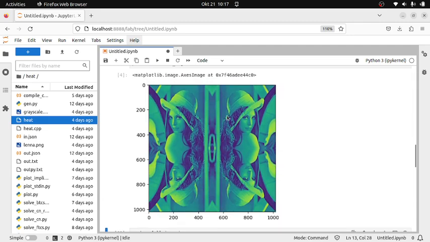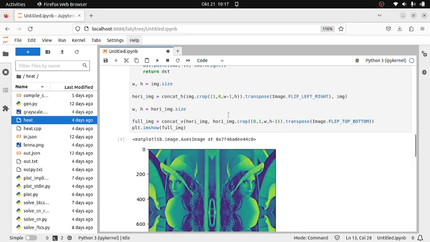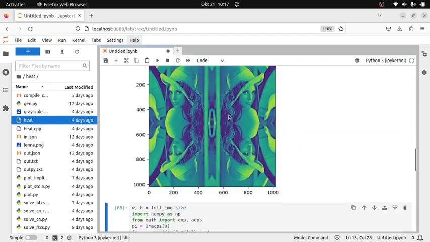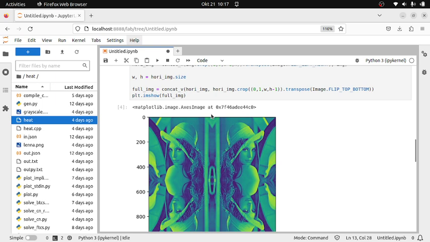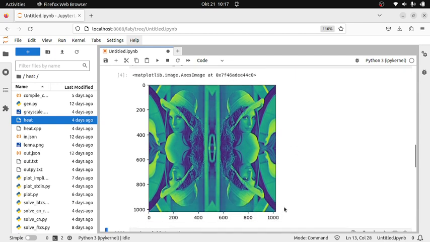Okay, so what happens is that when we concatenate the image, you see now we're going to use Neumann boundary conditions. So we want to first flip the image in the y-axis and then flip the resultant one in the y-axis, and then we have this kind of crazy effect, right?